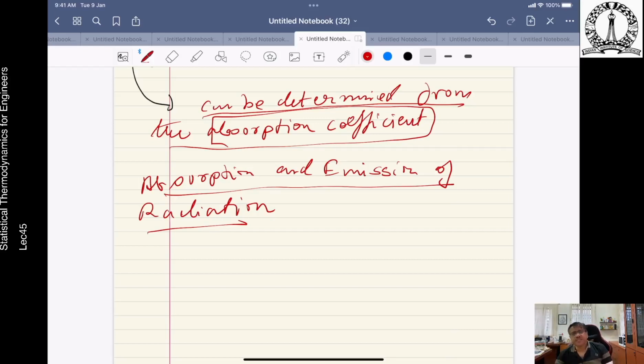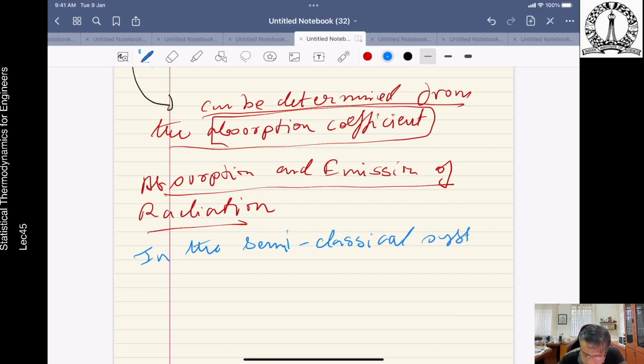So this is obtained by the time-independent solution of the Schrodinger's wave equation, correct? In the semi-classical treatment, the energy levels of the molecules are obtained by the solution. So let's write it in the semi-classical system.